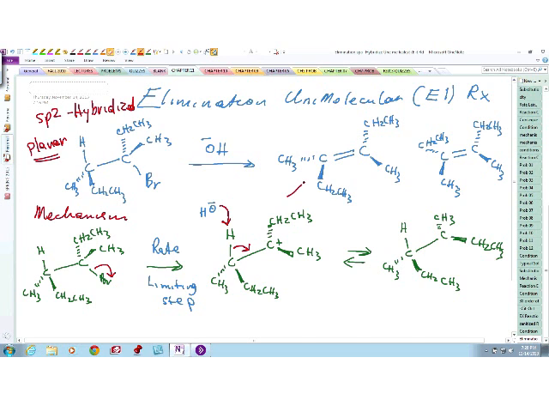You get this. On the other hand, if the base comes in, pulls this hydrogen off, and this comes here, it forms a double bond. This is positively charged.